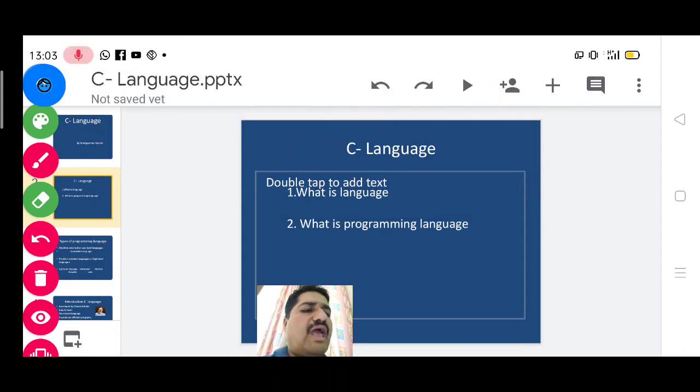We use this language to communicate with people, but to communicate with a computer system we need to use a special language called a programming language, as the natural language cannot be understood by a computer system.